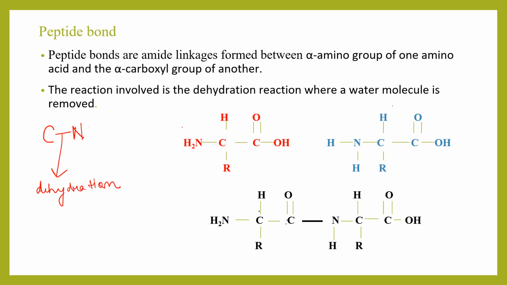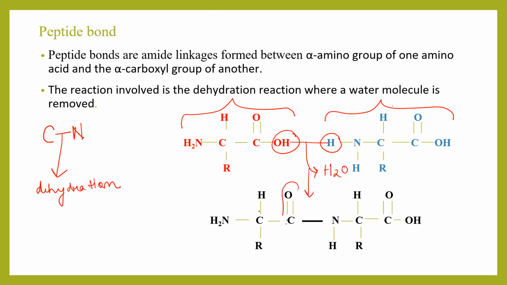Here you see, this is the first amino acid residue and this is the second amino acid residue. The OH of the alpha carboxyl group of the first amino acid residue and the H of the alpha amino group of the second amino acid residue will be removed as a water molecule, H2O, and there will be a bond formation between the alpha carboxyl group of one amino acid residue and the alpha amino group of another amino acid residue.